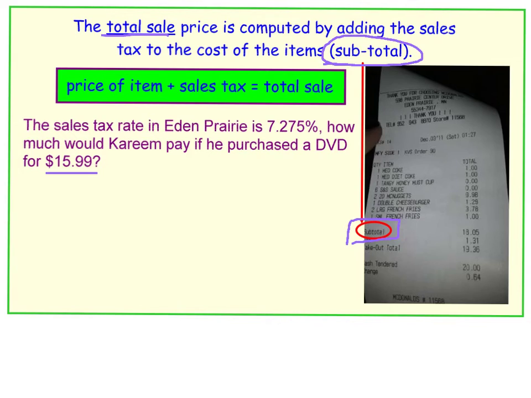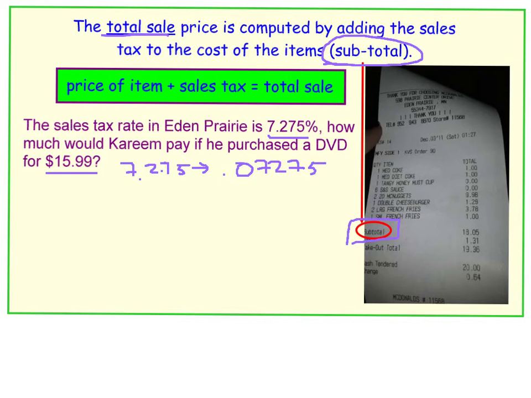So here in Eden Prairie, we have a 7.275%, and we need to convert that to a decimal. When we do that, moving the decimal 2 places to the left, we get 0.07275. And we are going to use all those place values because we know in money that they're going to make a difference if you have large enough numbers that you're working with.